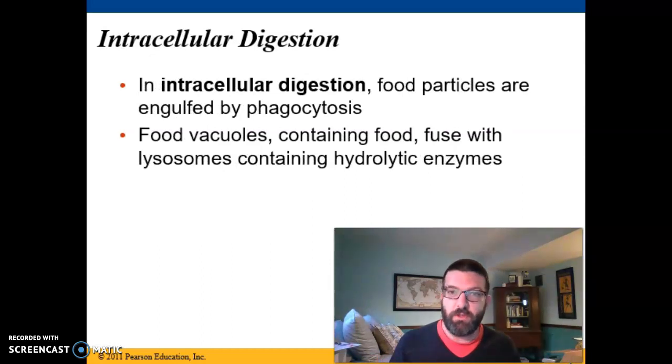Some animals are small enough that they can just do digestion cell by cell, right? Where, for instance, in a sponge, your cells all have contact to your food particles and can each engulf the particles on their own by phagocytosis and finish the digestion inside the cell using their hydrolytic enzymes inside their lysosomes.